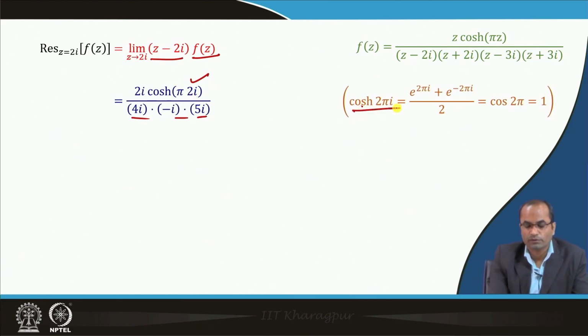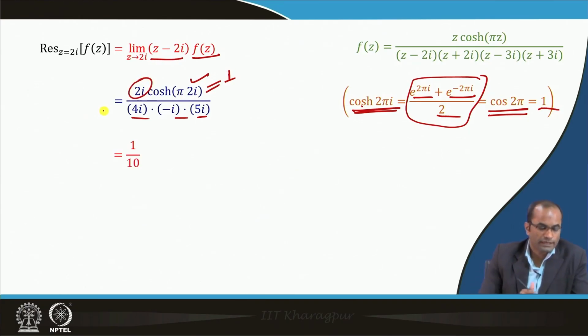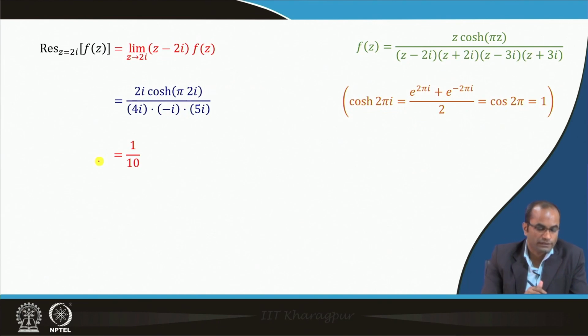So, cos hyperbolic 2 pi i by definition is e to the power 2 pi i plus e to the power minus 2 pi i divided by 2, and this is nothing but cos 2 pi, which is 1. So, this is 1 there, into the 2i, and then here the i also gets cancelled. So, finally, we are getting 1 over 10.